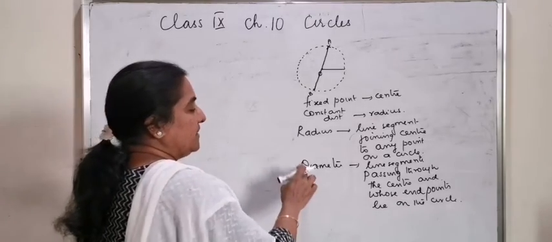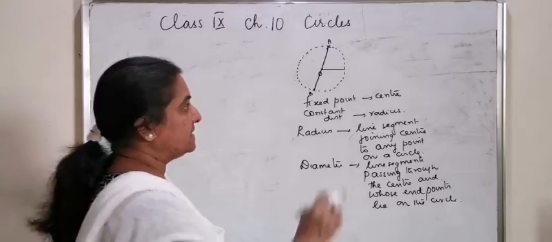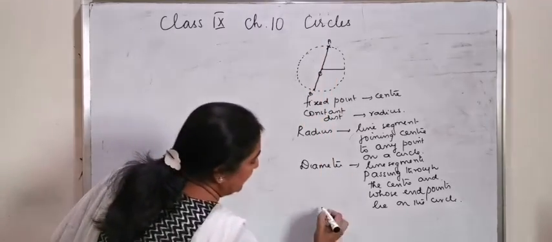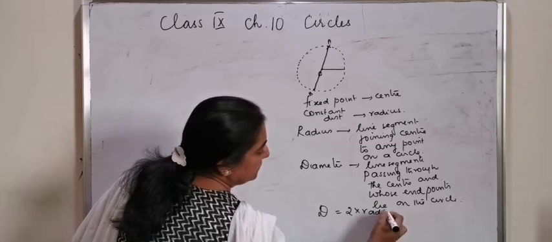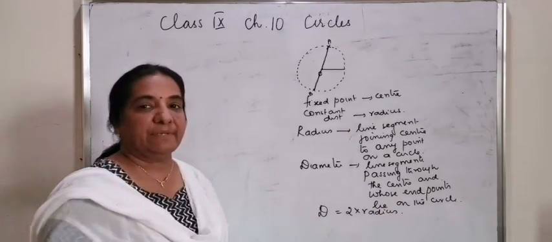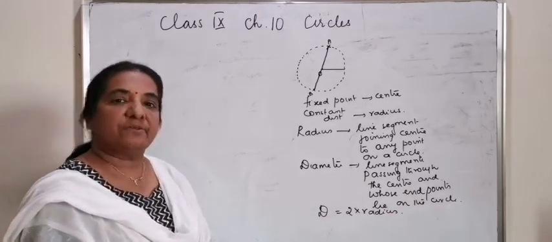And the relation between diameter and radius, as you can see in the picture, is that diameter is equal to 2 times radius.